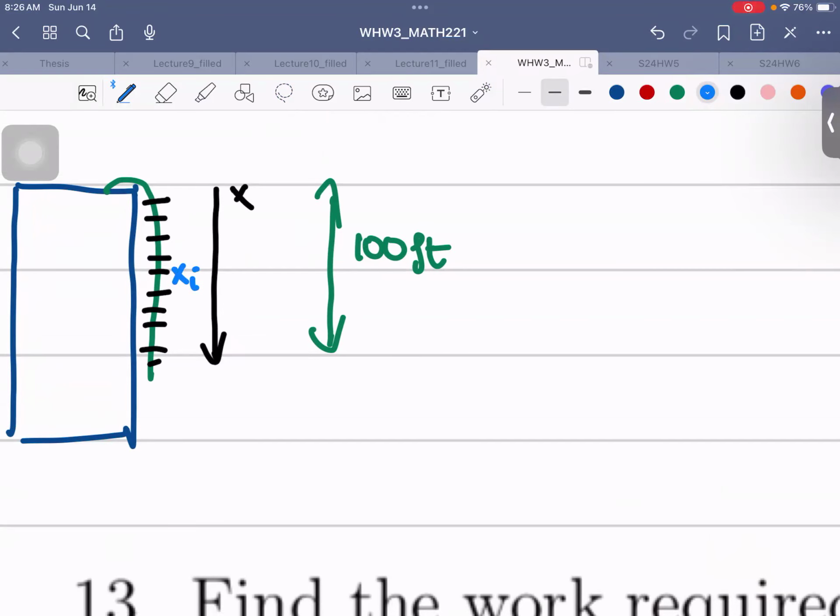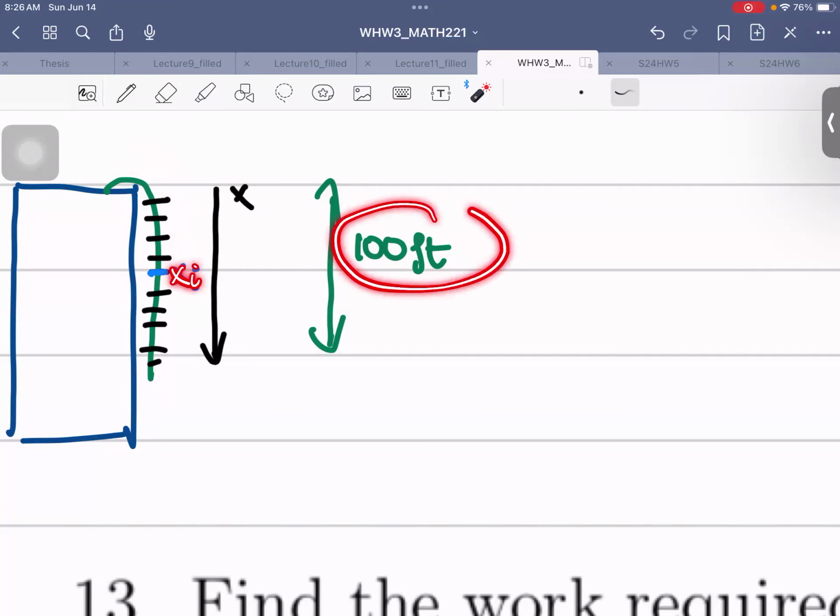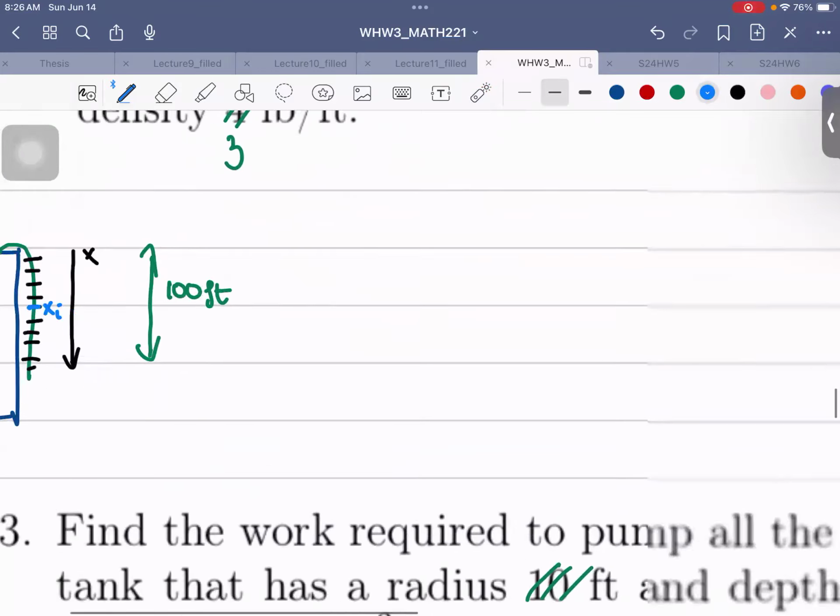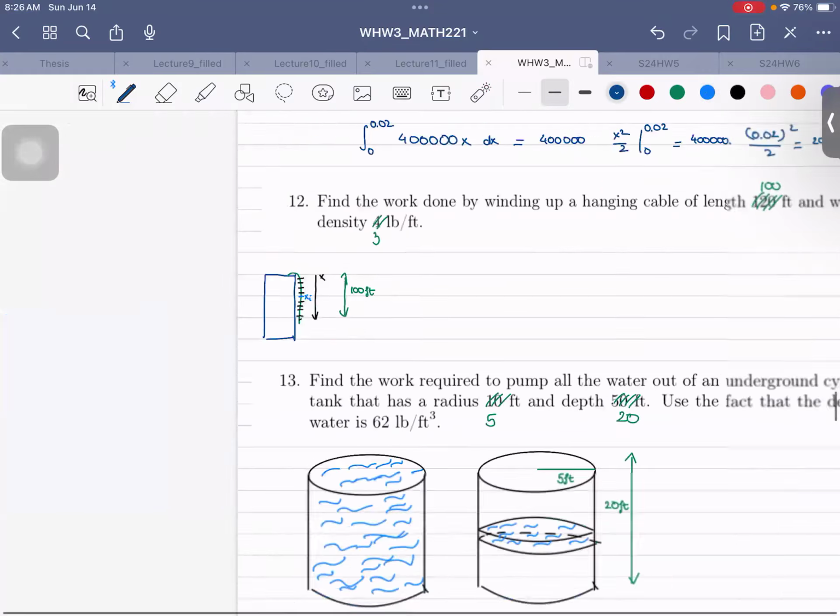So if you want to take this thing up to the top of the building, that means this thing has to travel a distance of 100 minus xi.